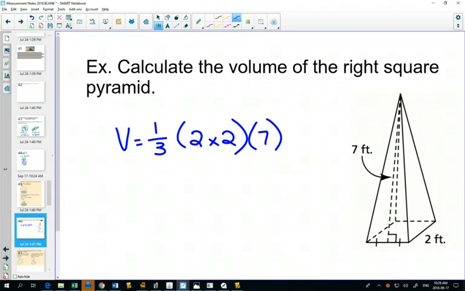And if I do this without a calculator, are you okay that 2 times 2 is 4? 4 times 7 is 28. Okay, how do we multiply 28 by 1/3?